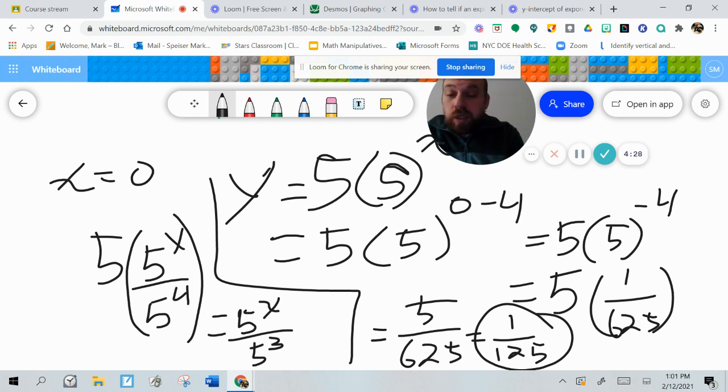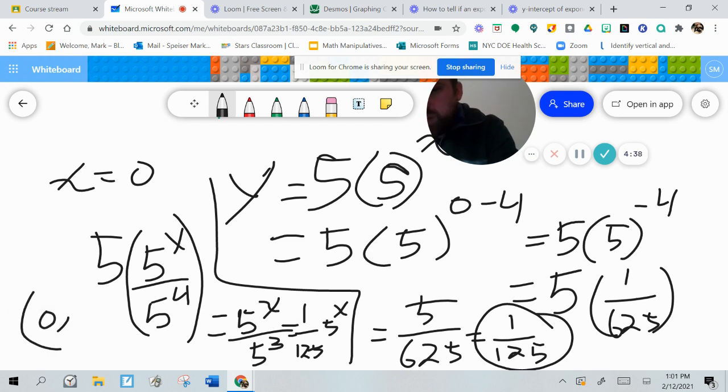And that's 1 over 125 times 5 to the x. So our y-intercept in this case is (0, 1/125). And you notice how the y-intercept changes every single time we shift right or left. You could treat it by plugging in 0, or you could treat it by simplifying and separating to just get the a value in front.